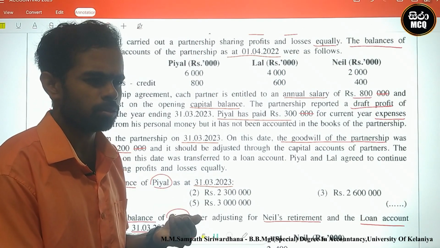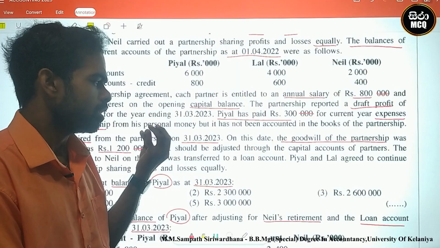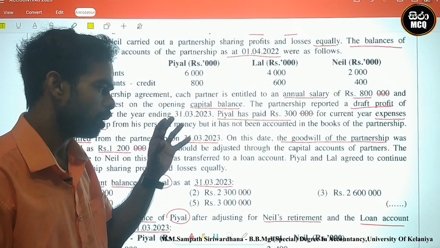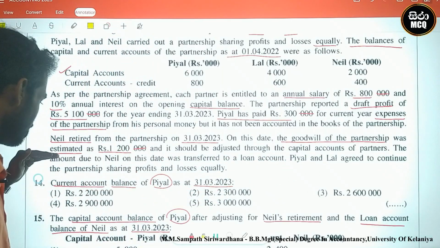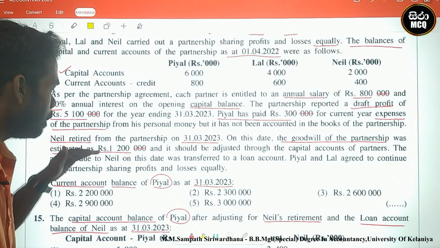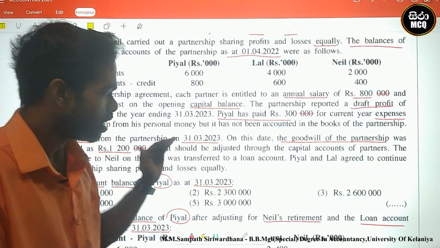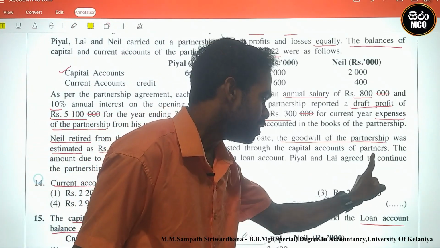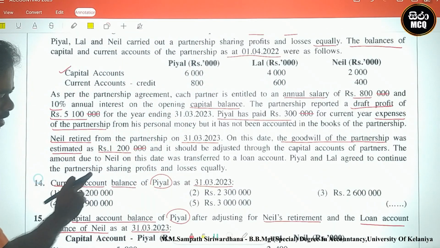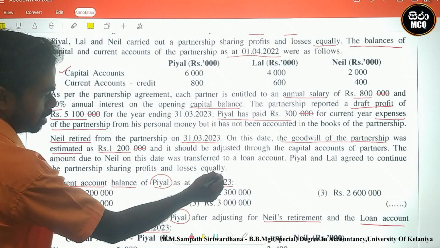There is a payable amount. The amount due to Neil was transferred to loan payable account. PL and Lal agreed to continue the partnership sharing profit or loss equally.